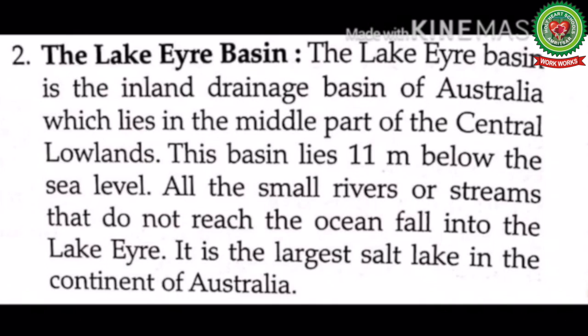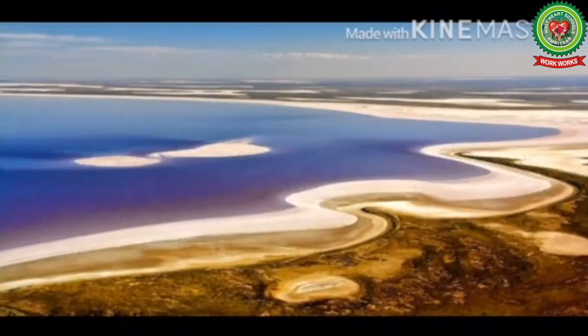They empty into a lake or disappear into the ground. This basin lies 11 meters below the sea level. All the small rivers or streams that do not reach the ocean fall into Lake Eyre. It is the largest salt lake in the continent of Australia.